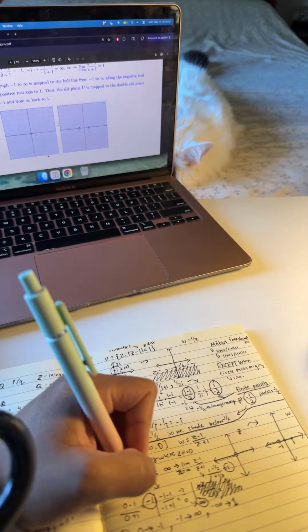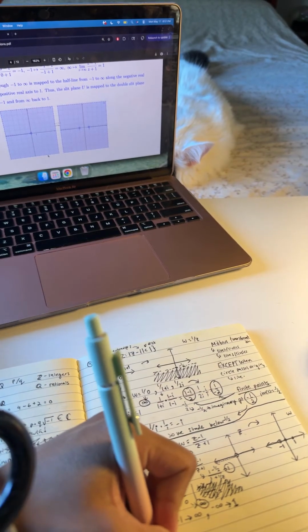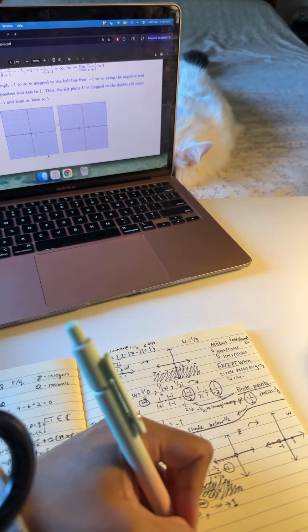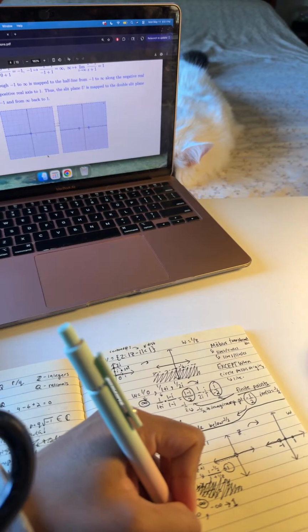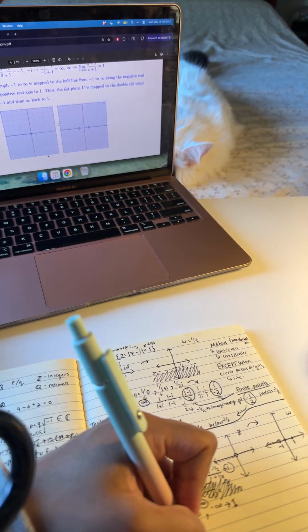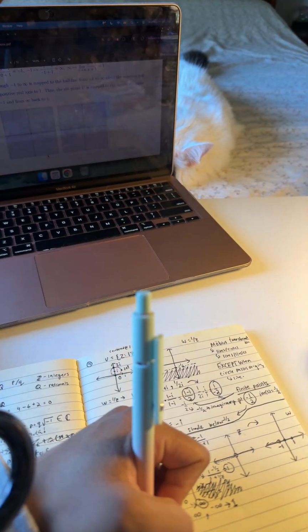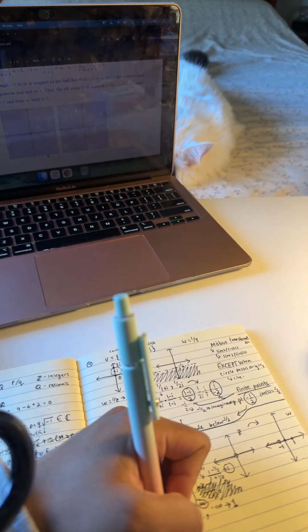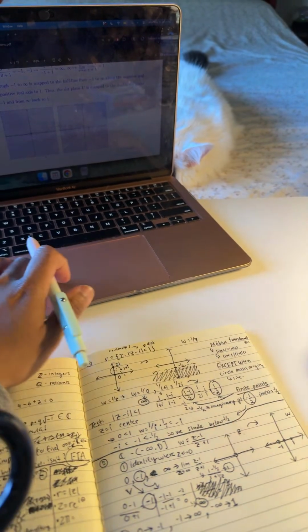So we plug it into the transformation of w. -half minus 1 over -half plus 1 gives us -3 over 2 over 1 over 2.